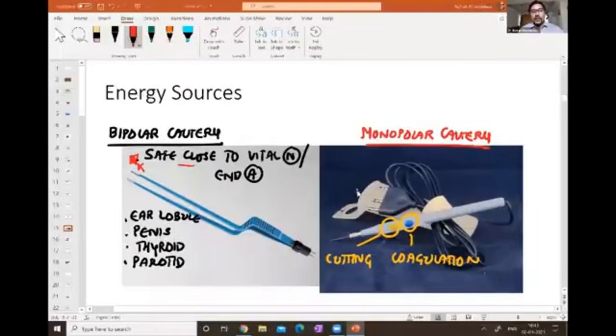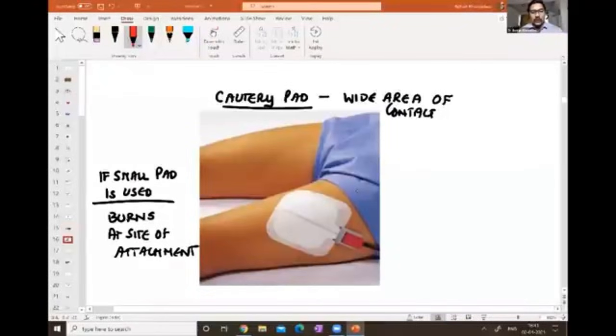Whenever we are using a monopolar cautery, we need to use a cautery pad. Some of you must have seen this cautery pad in the theater. Those who've seen this in the theater, give me a thumbs up on the chat box. This is a cautery pad which we put on the thigh or the calf of the patient, and it should have a wide area of contact.